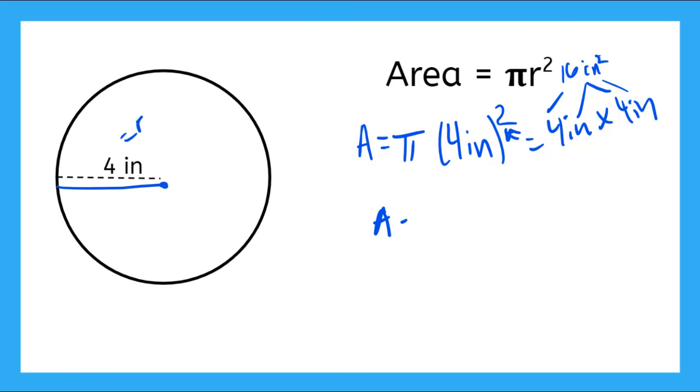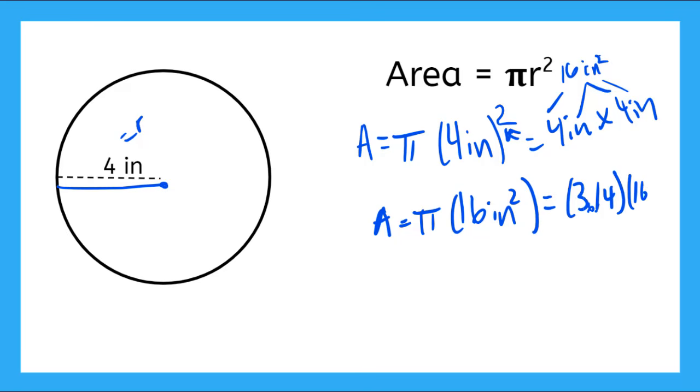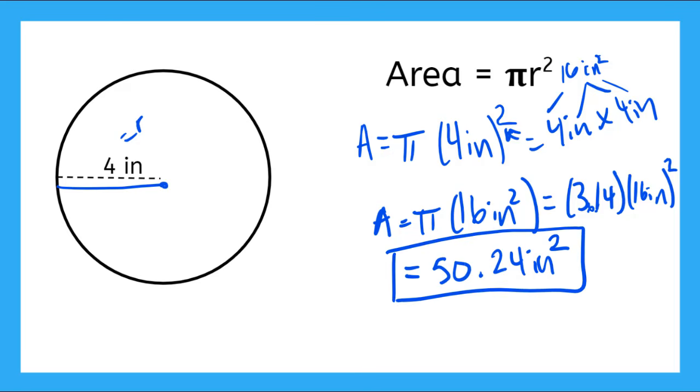So now I have A is equal to pi times 16 inches squared. And if I multiply 3.14, my approximation for pi, by 16 inches squared, you might not know that off the top of your head, and that's okay, I get 50.24 inches squared. Remember, our units for area are always to the power of 2.